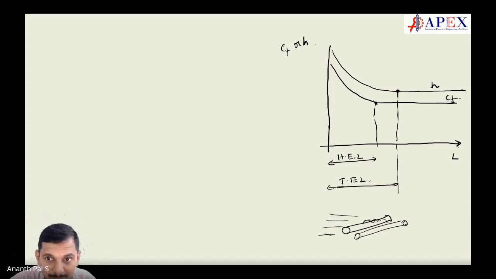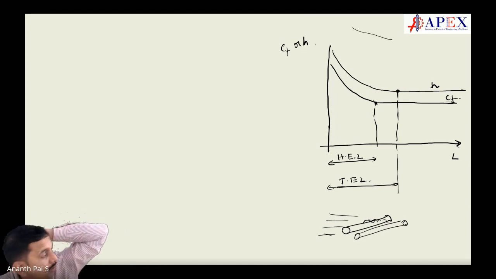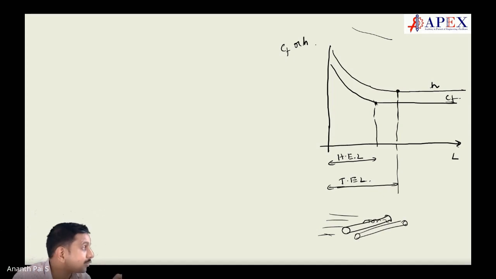And when velocity is more, h is more. This will start somewhere here. F goes down in a similar way. How is it? Cf is related to Reynolds number, and Reynolds number comes in the denominator. So f is reduced.